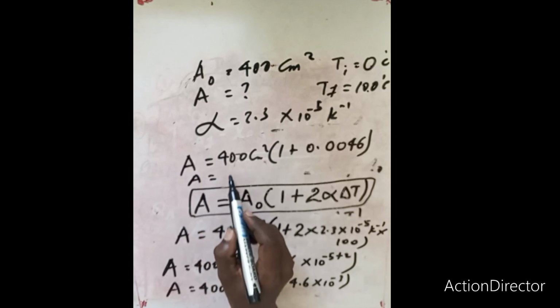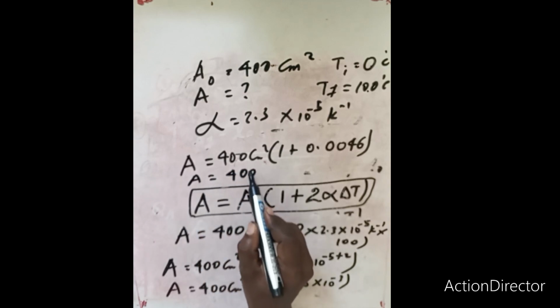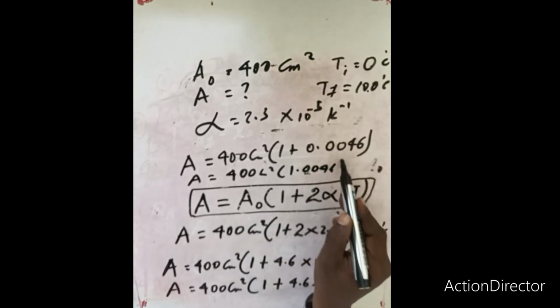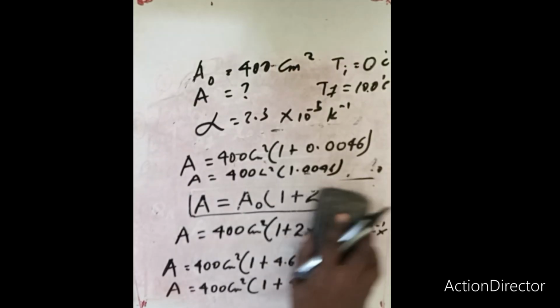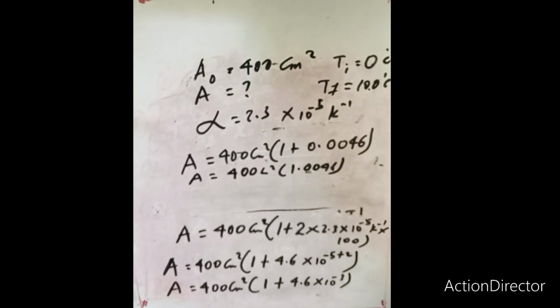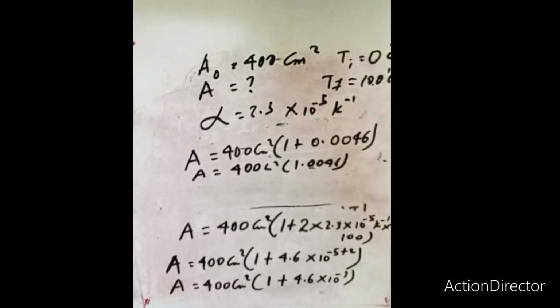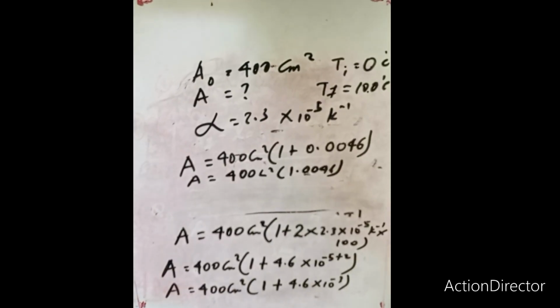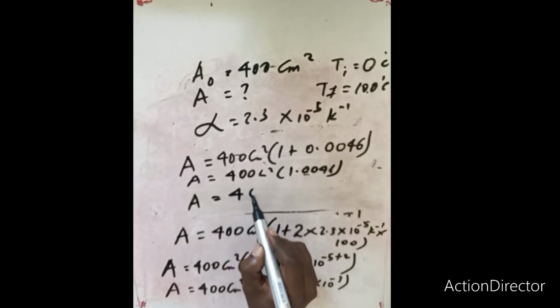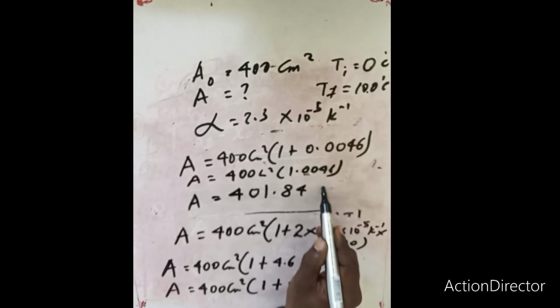So the area is equal to 400 centimeters square multiplied by 1.0046, and after the multiplication of these two, the result will be 401.84 centimeters square.